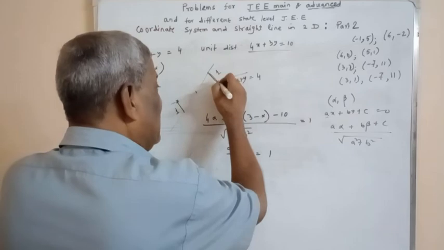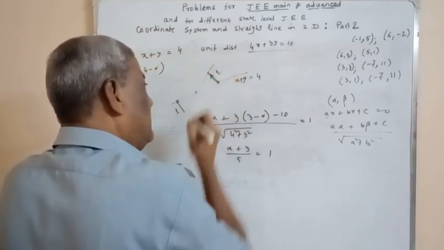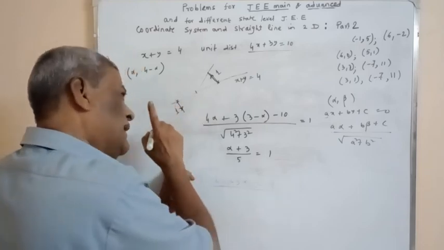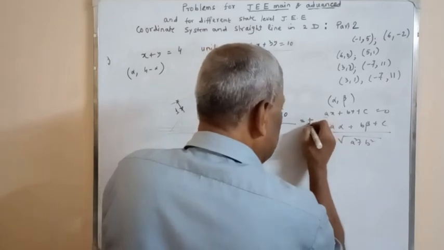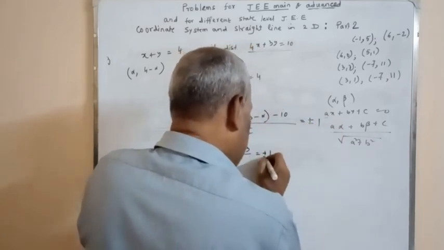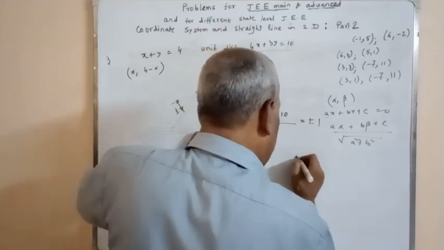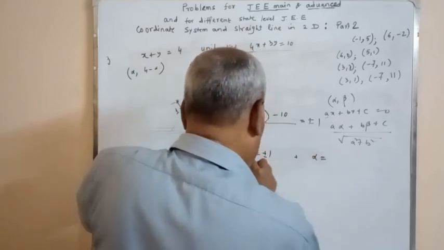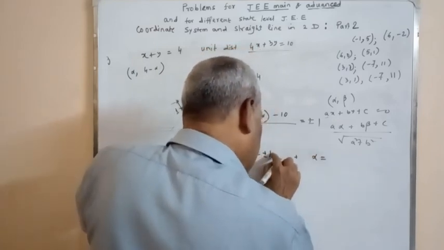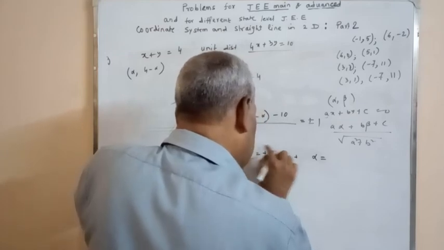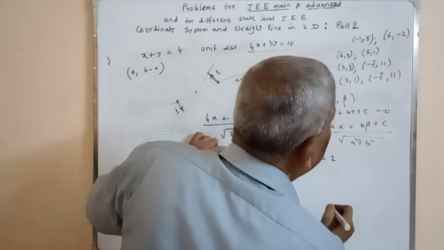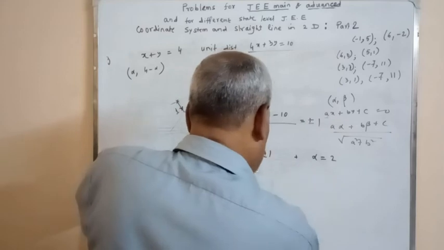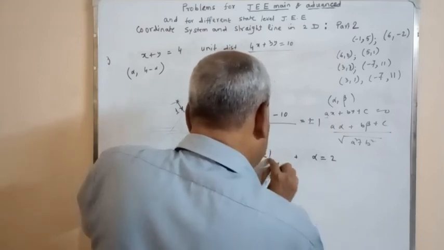Now you see, if from this to that the length is 1, then on the other direction it should be minus 1. So better you take it as plus minus 1. Using plus sign, alpha is equal to 5 minus 3, that is 2, and using minus sign, it is minus 8.